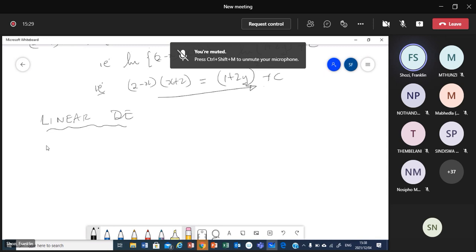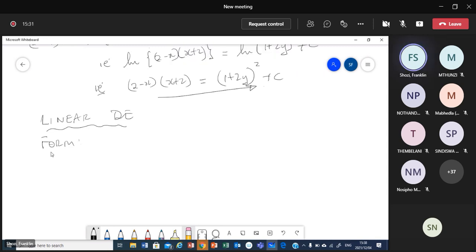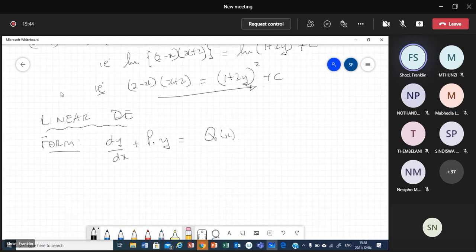Just remind ourselves about the format. All linear differential equations will take this shape: dy over dx plus p times y gives us q, some function of x, where p and q are functions of x.